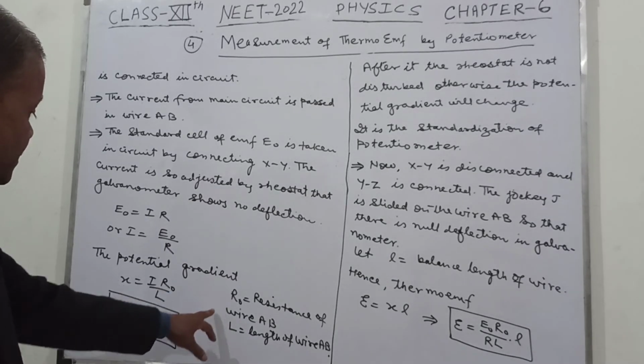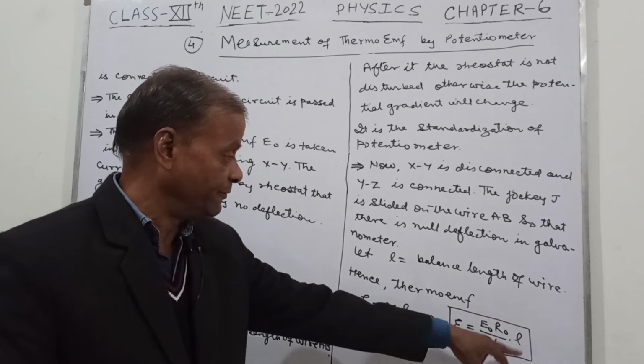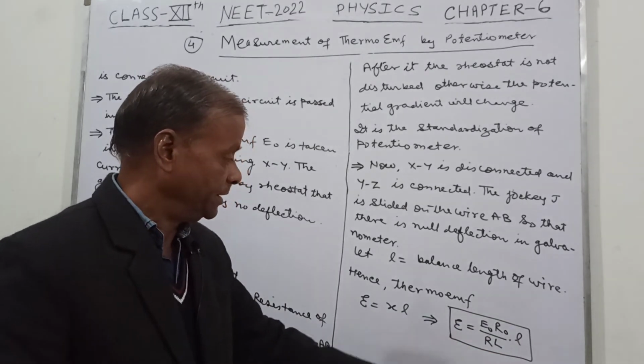So we find X and then we find this thermo EMF. Now knowing all the values on the right hand side, the E can be calculated.